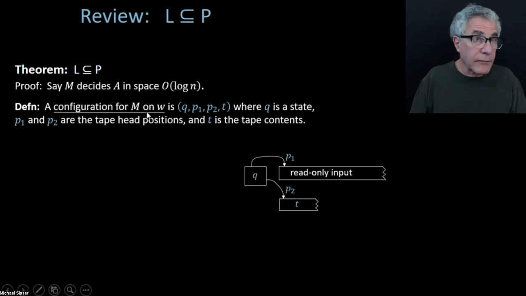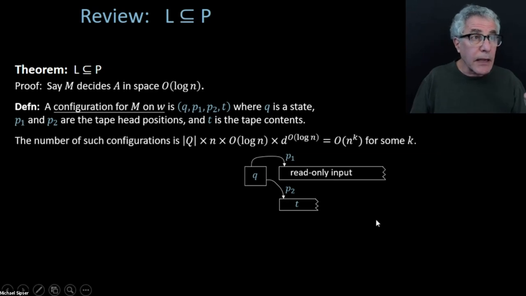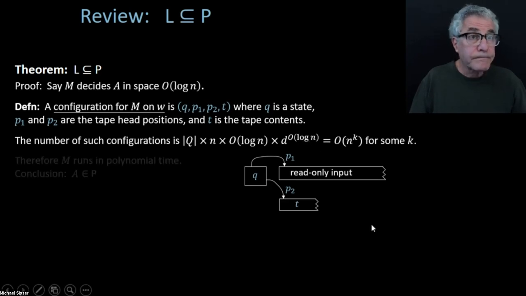So we're defining the configuration for the machine on a particular input W as those four things: the state, the two head locations, and the tape contents. And the important thing to keep in mind for this theorem is that we have only a polynomial number of different configurations if you just do the calculation. The main part is the number of different tape contents you can have, which is exponential in the log n, and that's a polynomial.